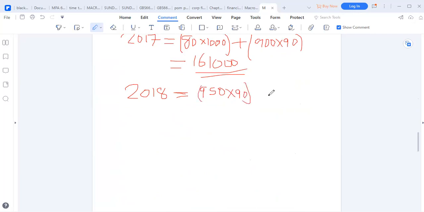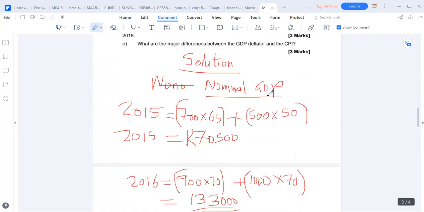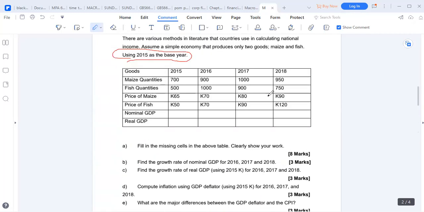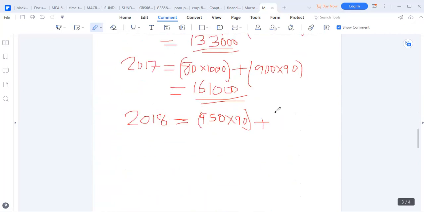Then plus the other one is 750 multiplied by 120. So this is about what goes on as we look at the other one, 950 by 90, then plus 750 by 120.